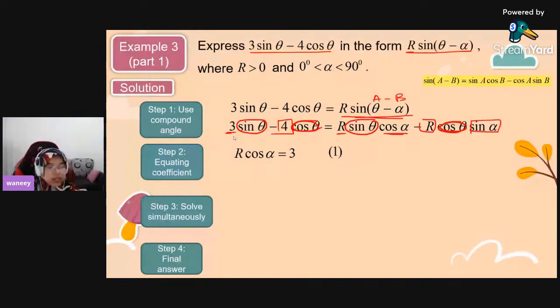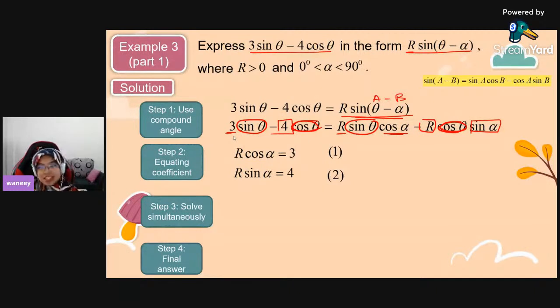So we are going to get two equations: r cos alpha is equal to 3, and r sine alpha is equal to 4. That is the first equation as well as the second equation.